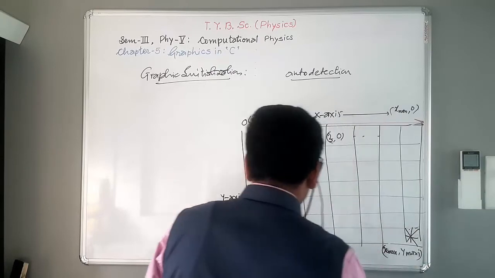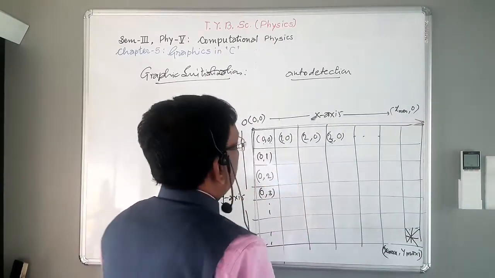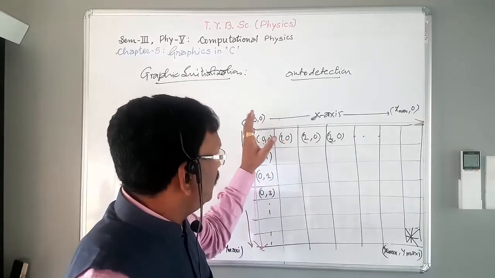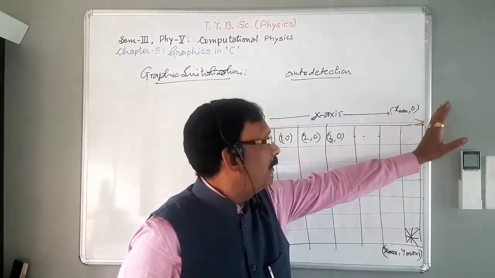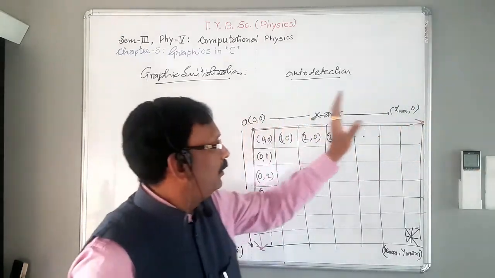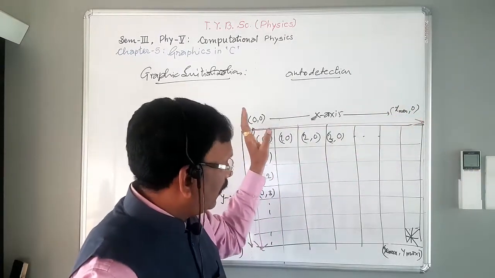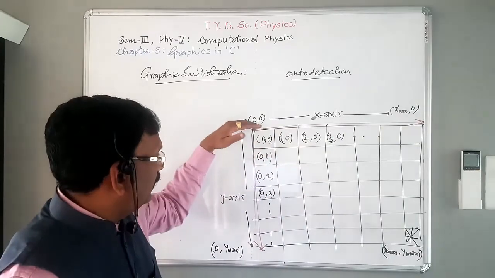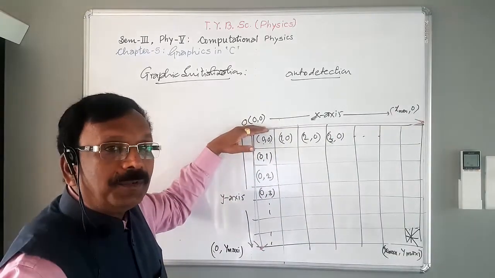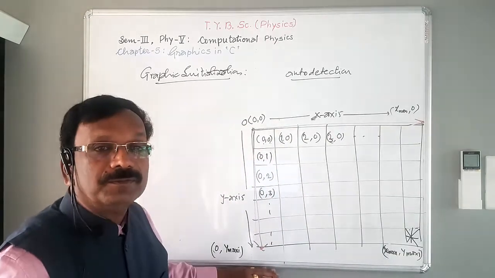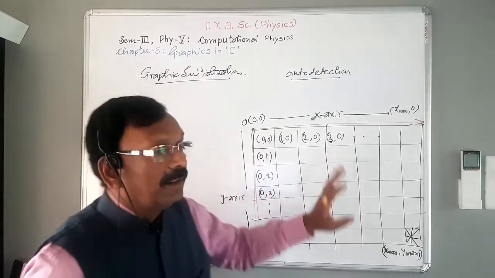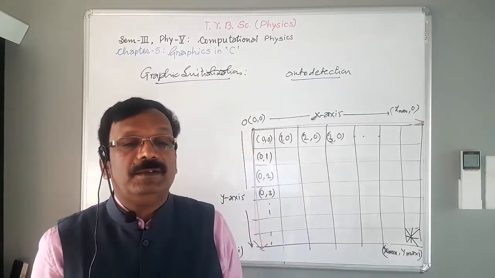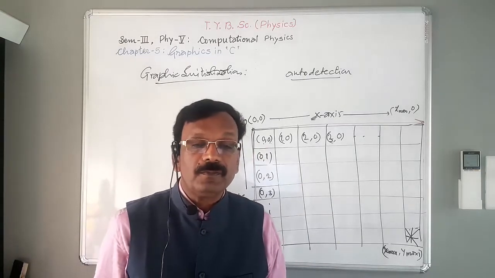This cell represents that because here the x coordinates are increasing from 0 to maximum, that is from left to right, and the y coordinates are increasing from top to bottom. In this way we can study the screen coordinate system.